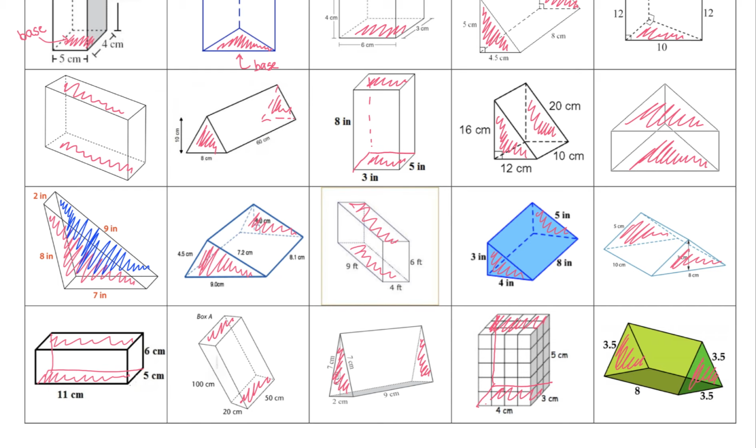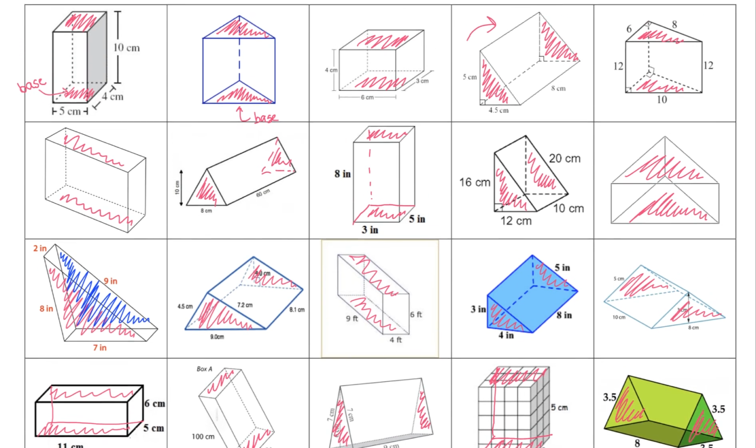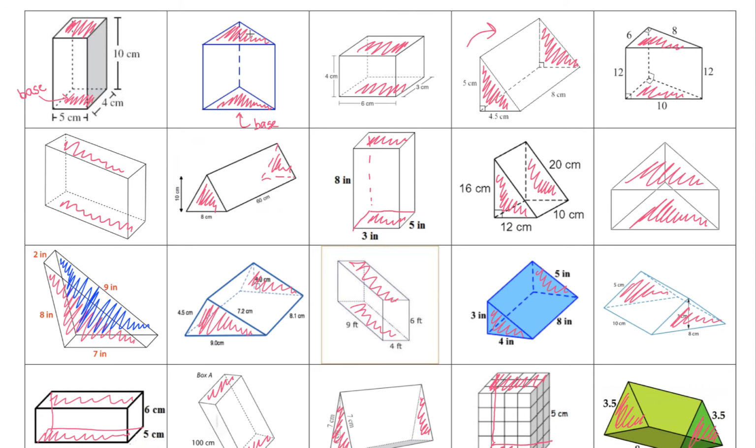So you might ask yourself, well, I know for the triangular prism the bases are the triangles, right? But what about this rectangular prism? Well, the thing about rectangular prisms is that these could also be the bases.